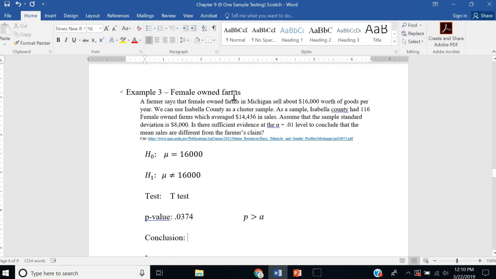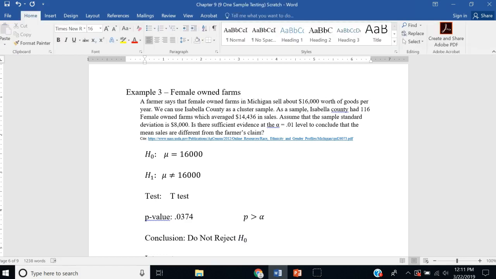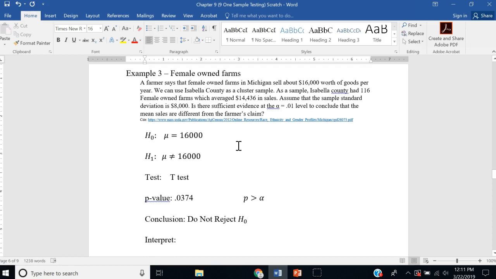In this case, our sample average is close enough to our guess. So we're going to not reject the null hypothesis. Again, I tend to write do not reject H0. If you want to write out the words the null hypothesis, that's okay too. So p is greater than alpha, do not reject the null hypothesis.